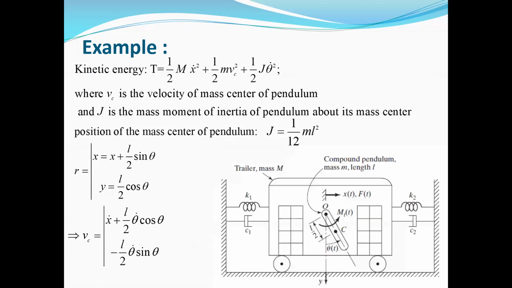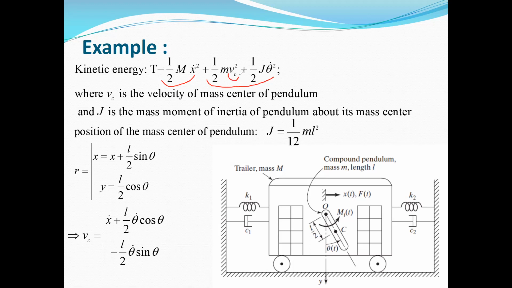As I told you, the first step, we need to calculate the kinetic energy. This kinetic energy will include two terms. The first term is the kinetic energy for the trailer, and the second part, which includes two terms, is due to the rotation and translation of the pendulum.